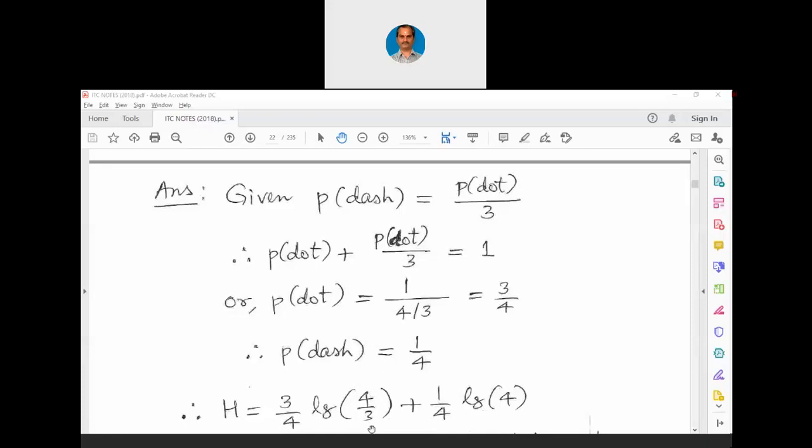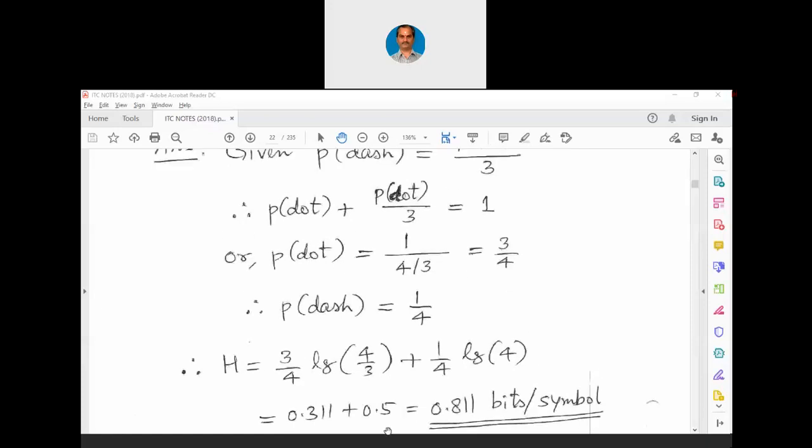You already know that self-information is nothing but log of 1 over P. Please recall our earlier discussions. lg is log to the base 2. So this is self-information. Self-information multiplied by the probability itself is collectively the entropy. That also we have seen earlier. So H equals 3 by 4 lg of 4 by 3 plus 1 by 4 lg of 4, which is nothing but 0.311 plus 0.5. We get 0.811 bits per symbol.